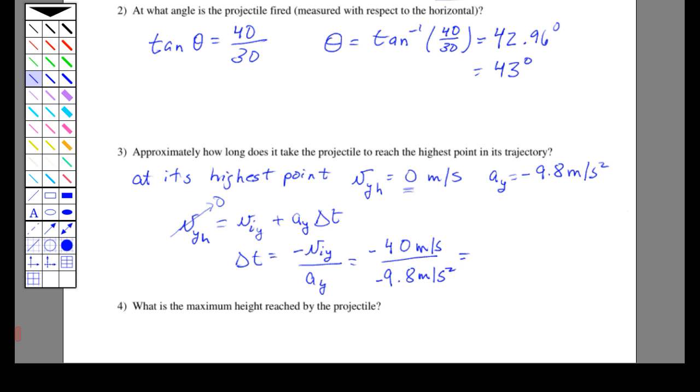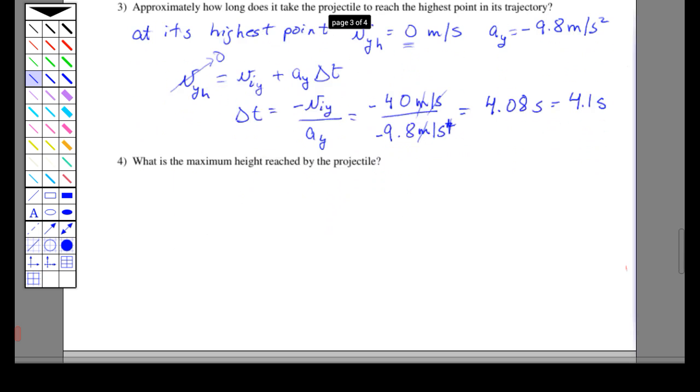The result you should get is 4.08. The units: meters cancel, and one of the seconds cancels, leaving seconds. Again, to 2 sig figs, we can round this to 4.1 seconds.